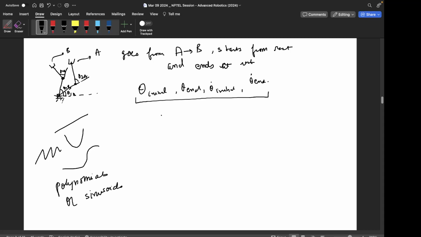A very common choice is the cubic polynomial, degree 3. What do we describe by the cubic polynomial? The position, the joint angle. So the joint angle we describe as a cubic polynomial.